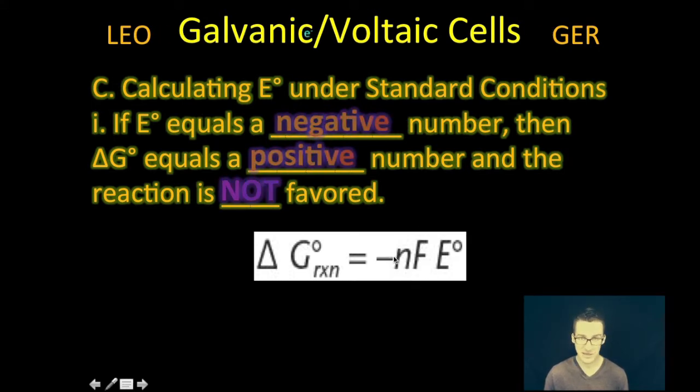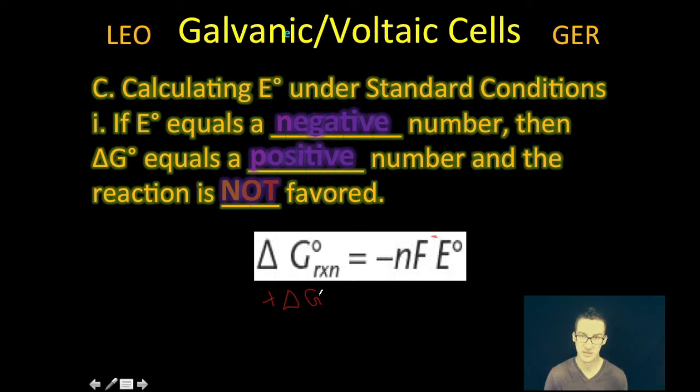But basically, and this is pretty straightforward if you understand your algebra, if your standard cell voltage is negative, because of how the equation is set up, you're multiplying a negative times a negative, and you'll get a positive delta G value, or a positive Gibbs free energy value. And just know at this point that a positive delta G value is not favored, or that reaction is not going to happen spontaneously.